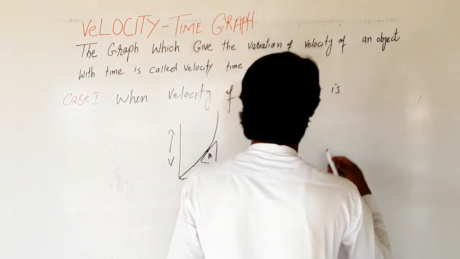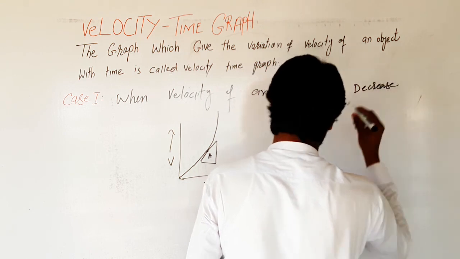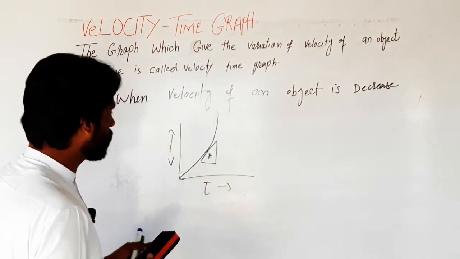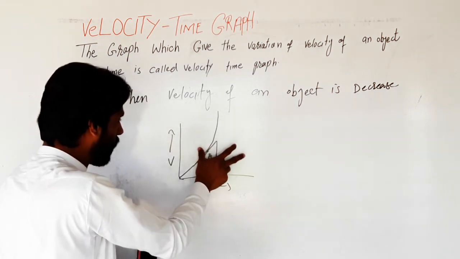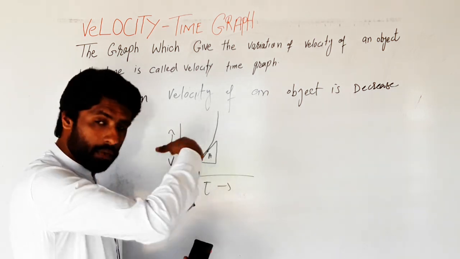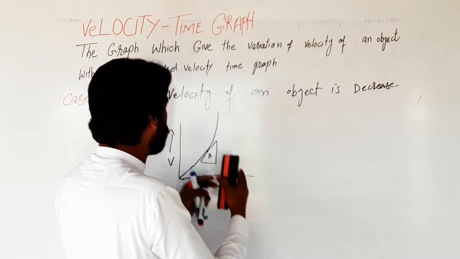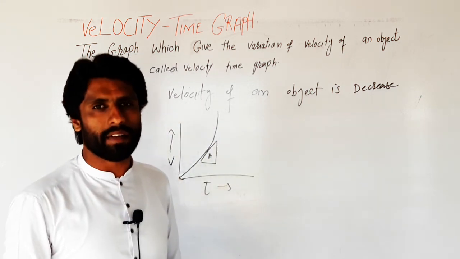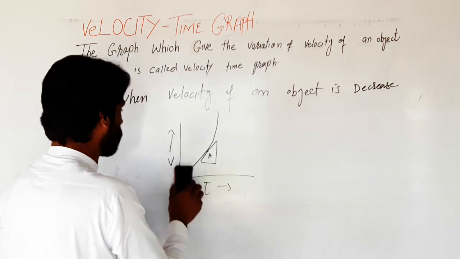When the velocity of an object decreases, at this point the graph rotates. When we rotate it here, it gives the graph of the variation of velocity of an object when velocity decreases.